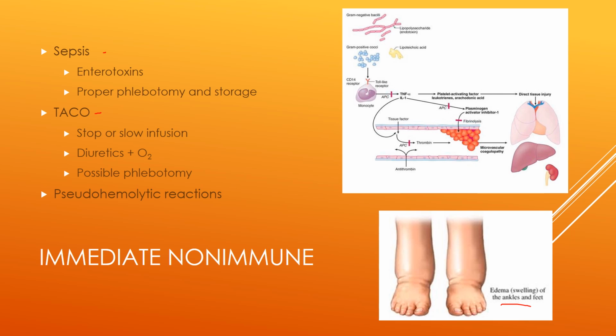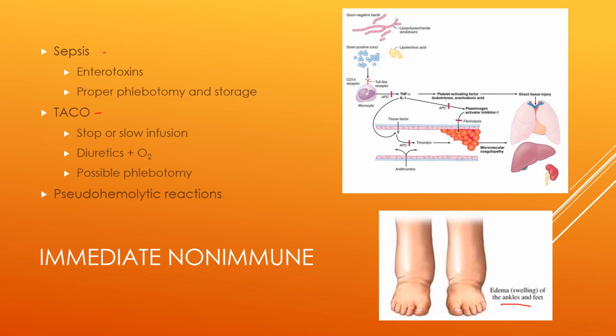Our greatest risk for this is people over 60 and infants, and it really is because of the volumes of components that they receive. It can occur with any volume, but unfortunately, we see this if you do large volume transfusions.